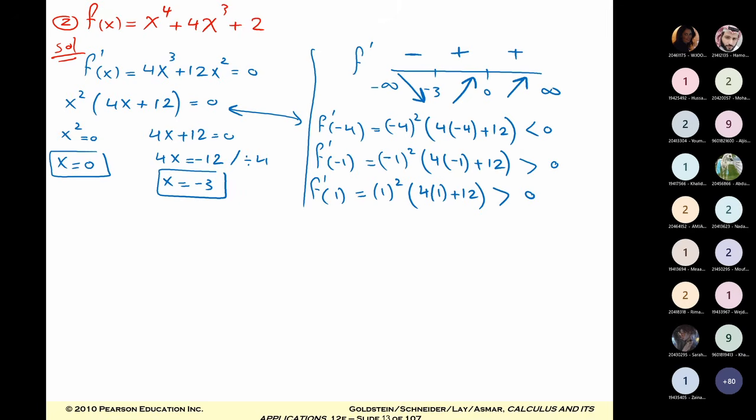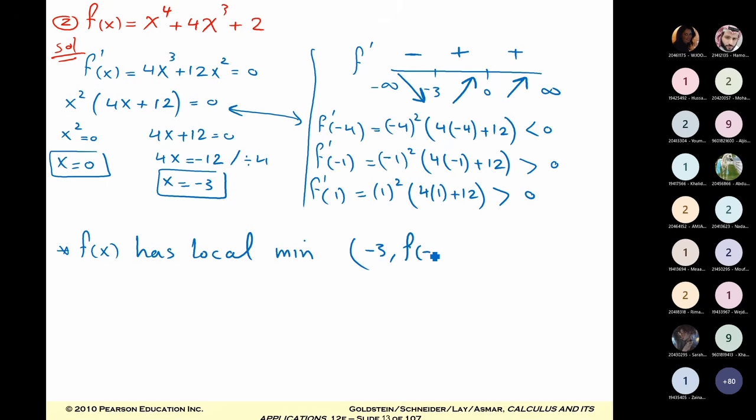So here we can conclude f of x has local what? Minimum or maximum? Minimum, yes, at negative 3 or 0? At negative 3.